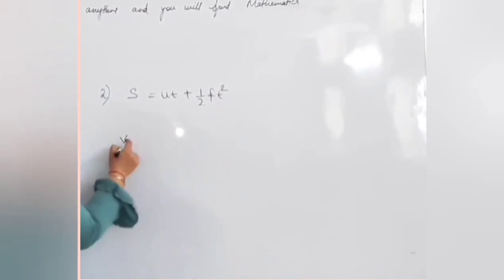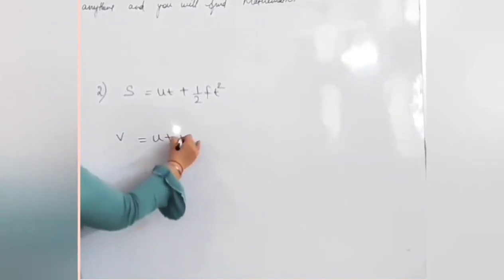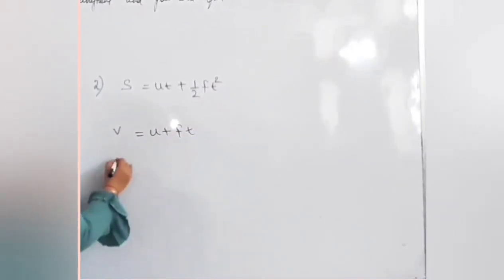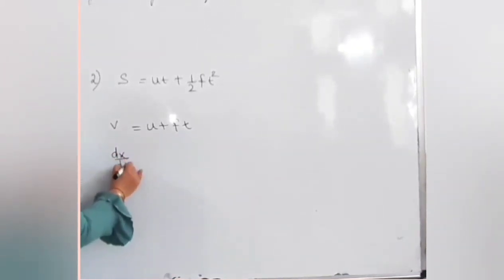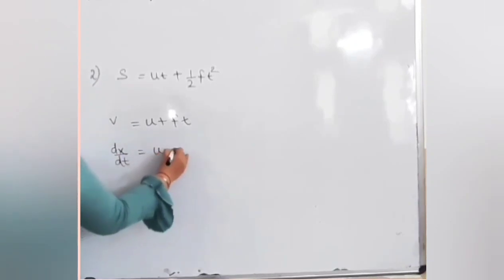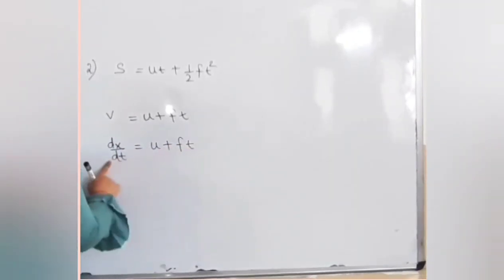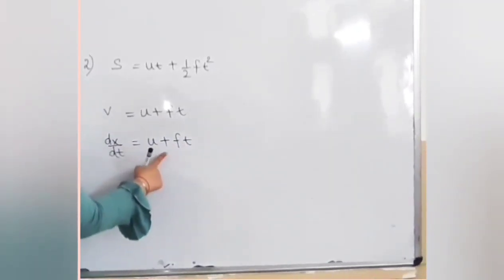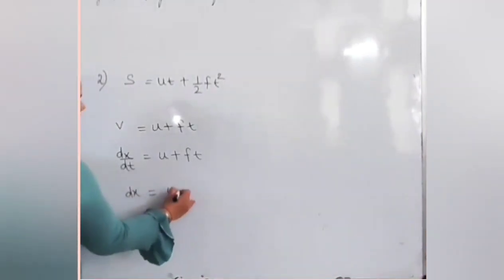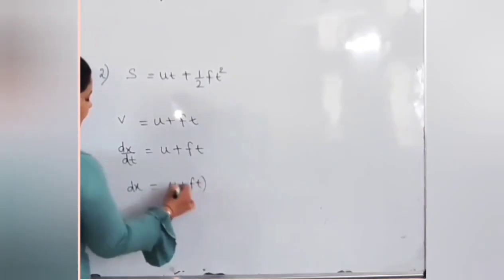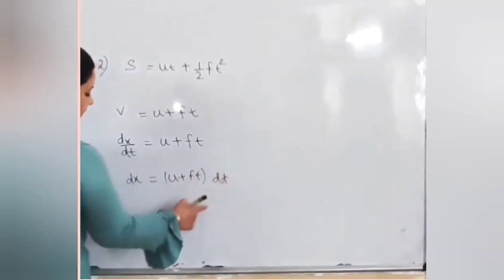For this we will use our previous equation, which is V is equal to U plus Ft, and we know that velocity is the rate of change of distance with respect to the time. So it will be taken as dx upon dt is equal to U plus Ft. So we get dx is equal to U plus Ft into dt.